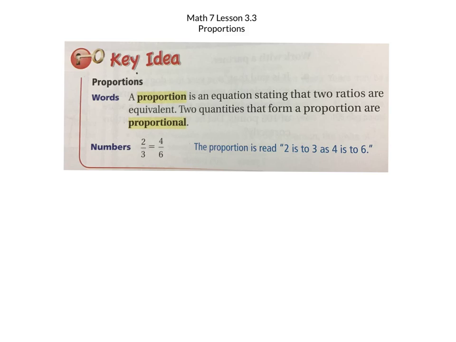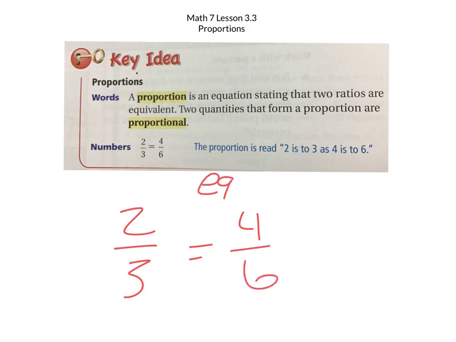All right, in this lesson you are learning about proportions, what a proportion is. You've already dealt with this a little bit, we just didn't call it a proportion. When you see 2 over 3 equals 4 over 6, we have called these equivalent fractions.